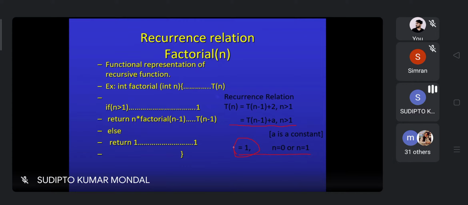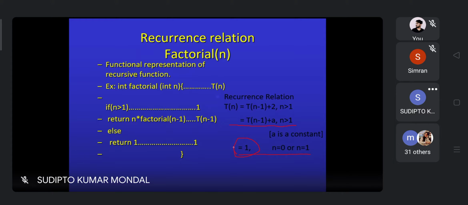So this is basically representing the terminating condition or the base condition, isn't it? Once n equals 1 or n equals 0, the function will return 1. In case of factorial, we know that is known as the terminating condition, the base condition. So this is happening in the case of the factorial function.